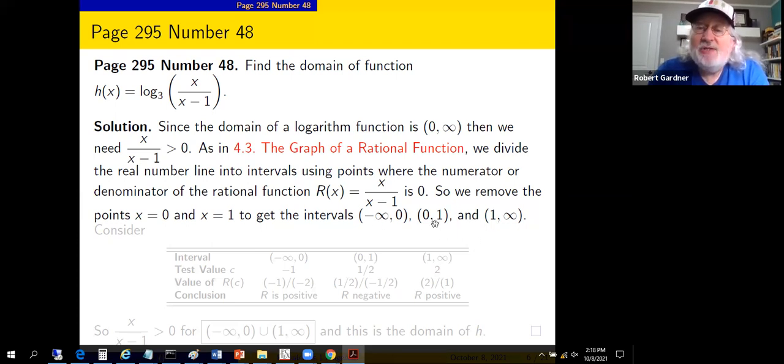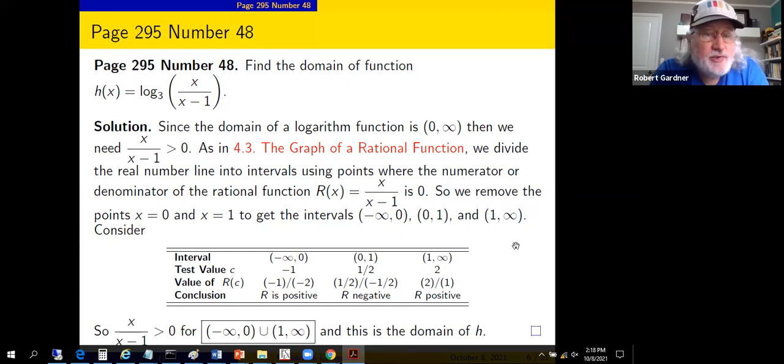So throughout each of these intervals, the sign of this function is always the same. So this is when we made the little charts. We chose a test value and saw the sign of the function at that test value. It's that stuff again. Negative infinity to 0. Pick a number in that interval. Negative 1 is the obvious choice.